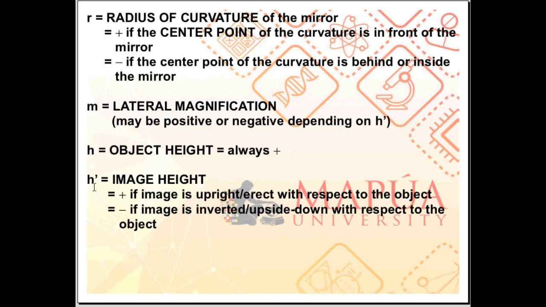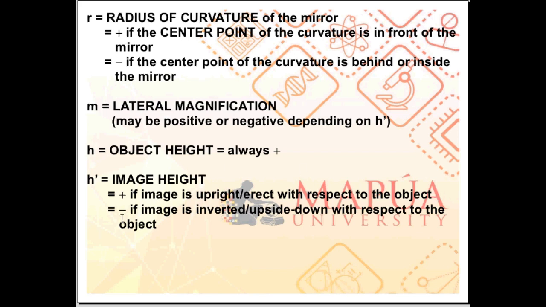H prime is referred to as the image height, and it's always in terms of comparison with H. If the orientation of H prime is the same as H, H prime is positive. The image is erect or upright as compared to the object.